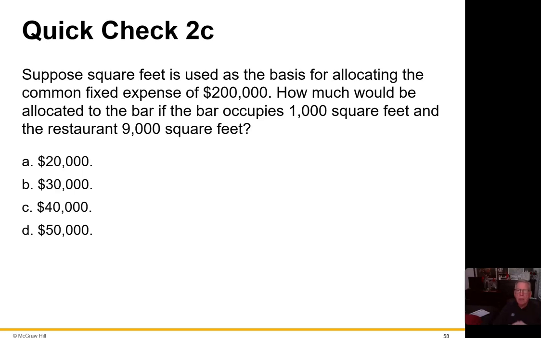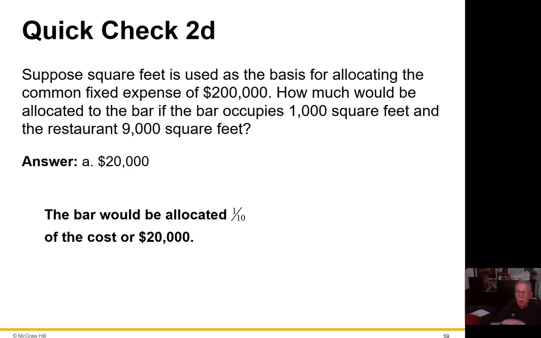Now suppose square footage is used as a basis for allocating the common fixed expense of $200,000. How much would be allocated to the bar if the bar occupies 1,000 square feet and the restaurant 9,000 square feet? Well, if you did that, 10% of the $200,000, or $20,000, would be allocated.